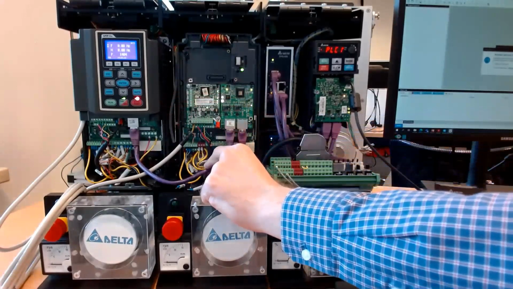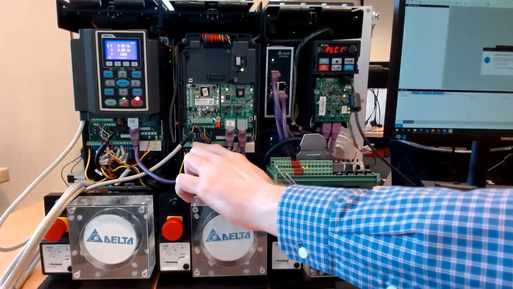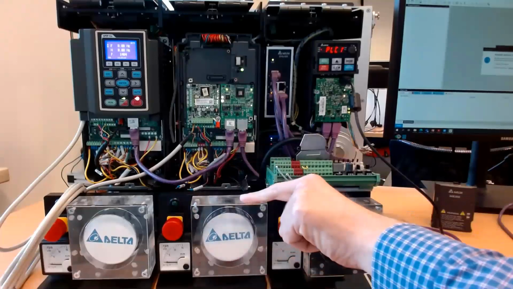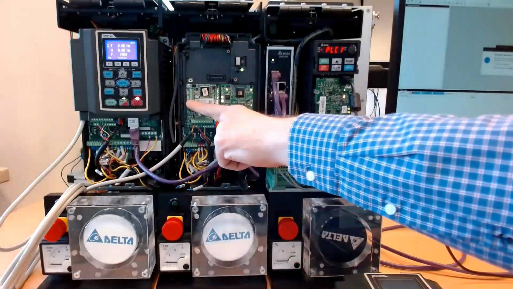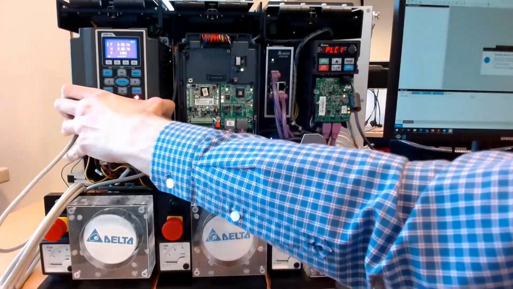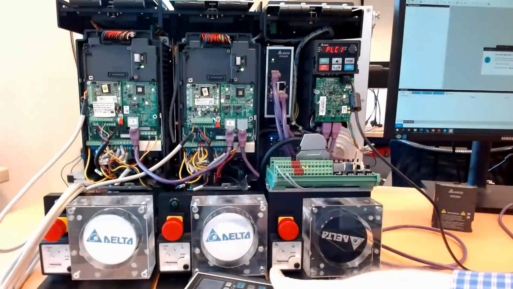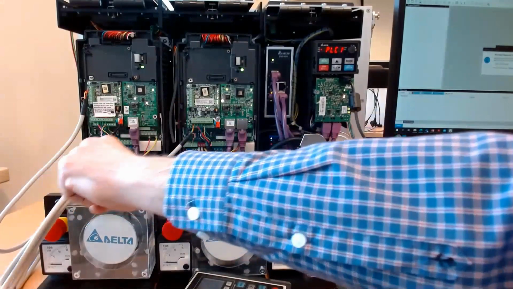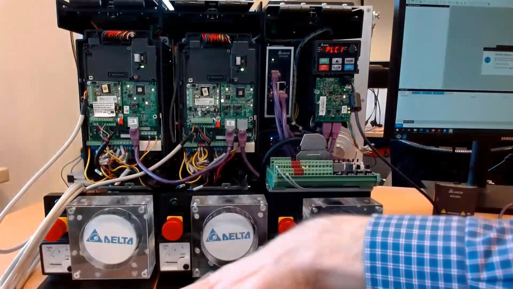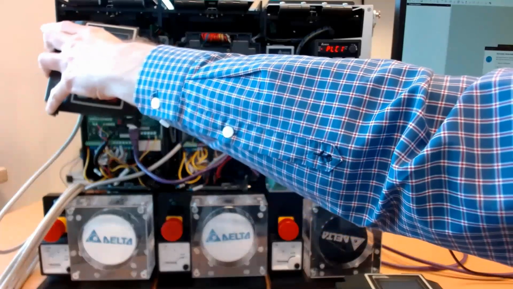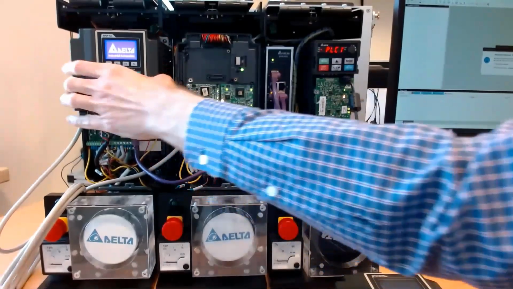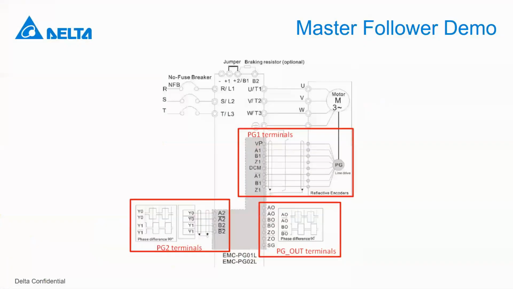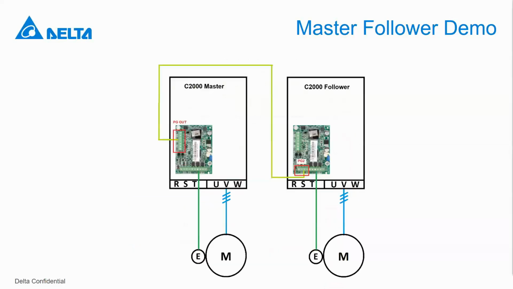So if this drive were configured as a master, then you could take the pulses which are coming in from this motor and you could output them on these terminals. And you also can see here, in this configuration, I have this drive running as a master, and this drive is configured as a follower. So you can see here the different terminals which I just mentioned. And also you can see here how they are wired.